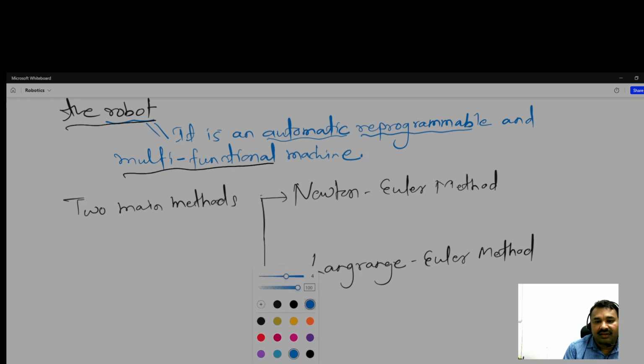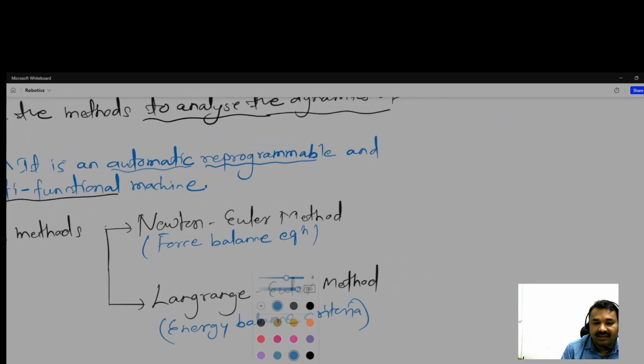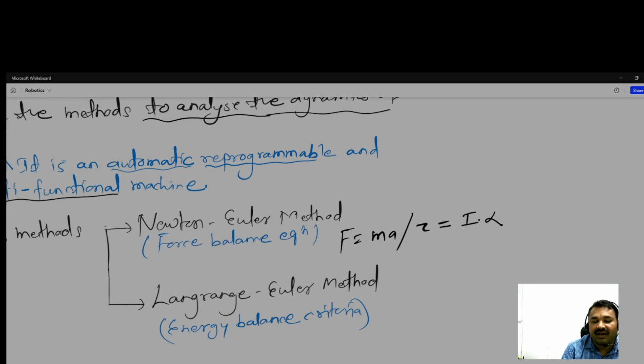The first is based on the force balance equation, and the second, the Lagrange-Euler method, is based on energy balance criteria. Like in Newton-Euler method, F is equal to ma, or in case of angular motion, tau is equal to I alpha.